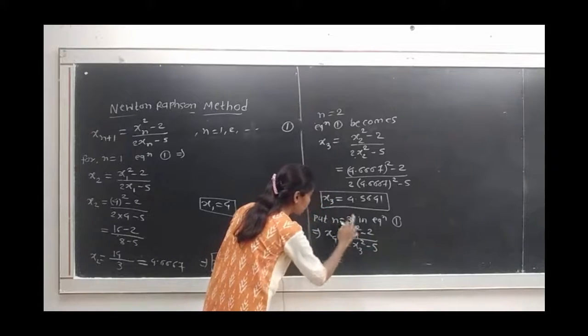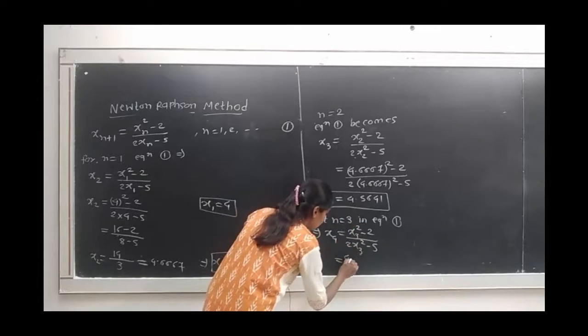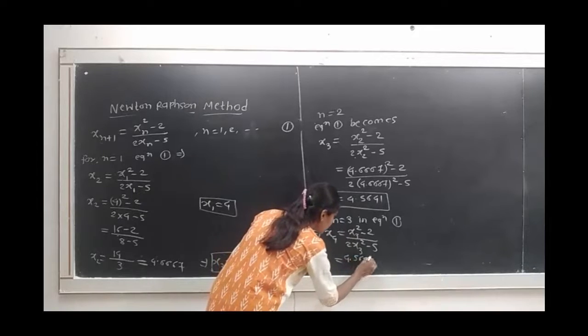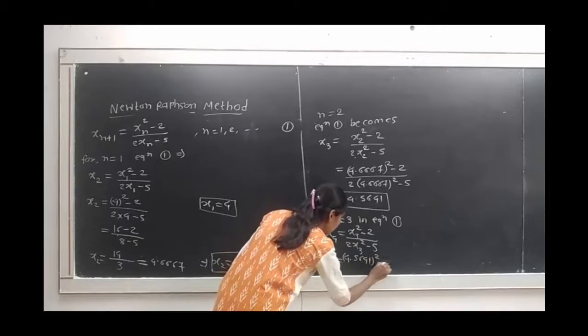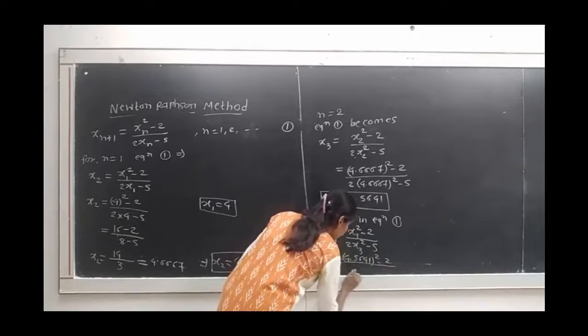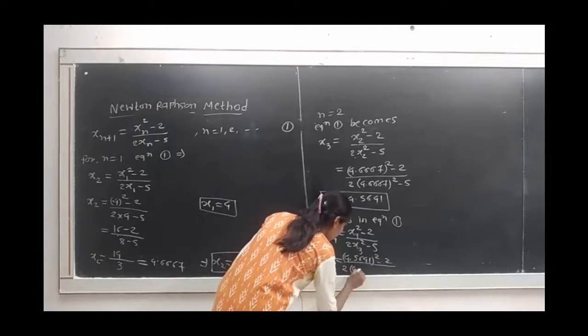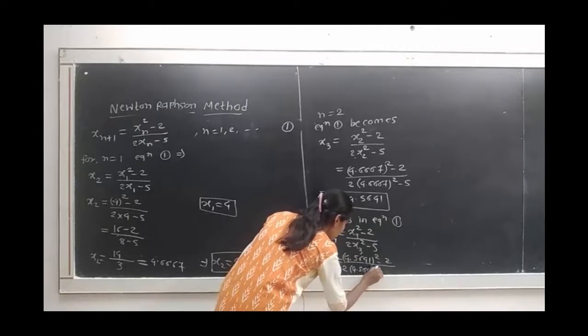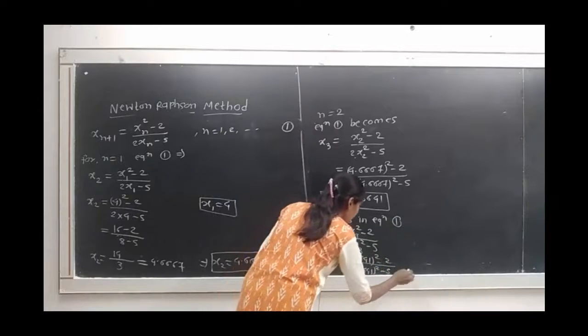Here x3 is 4.5641, so (4.5641 square minus 2) divided by 2 in bracket (4.5641 square minus 5).